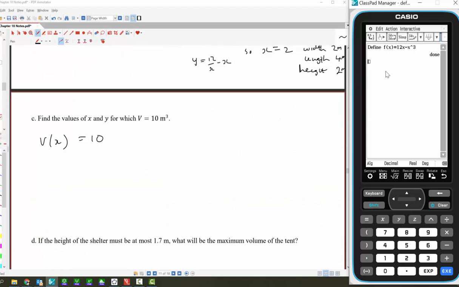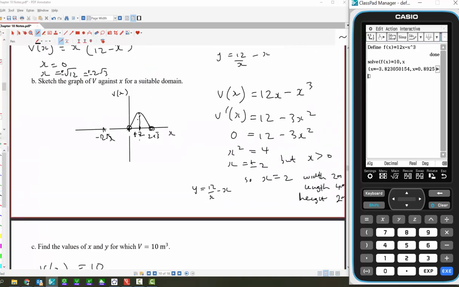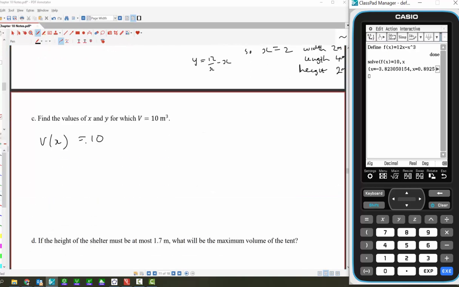And what we want to do is solve f of x equals 10 for x. Now it's given us 3 solutions, which does make sense, because if this is our graph here, we're going to get a 10 volume here, a 10 volume here, and a 10 volume somewhere over here in a part that's not relevant.